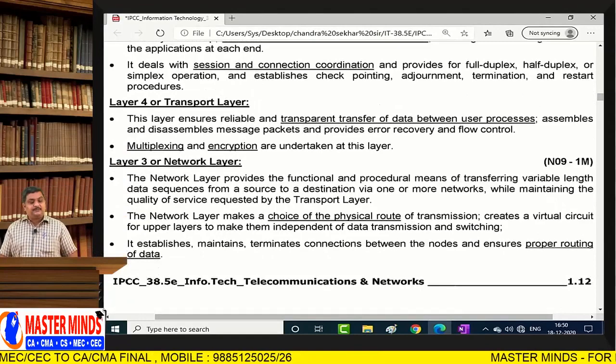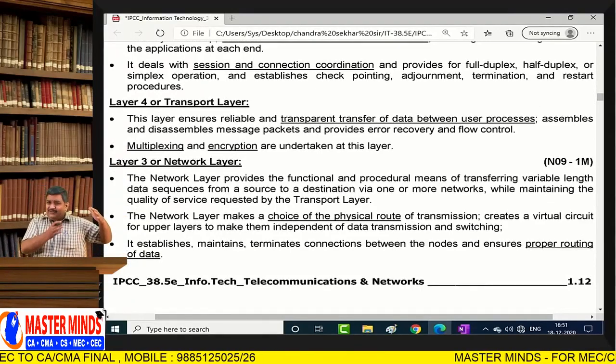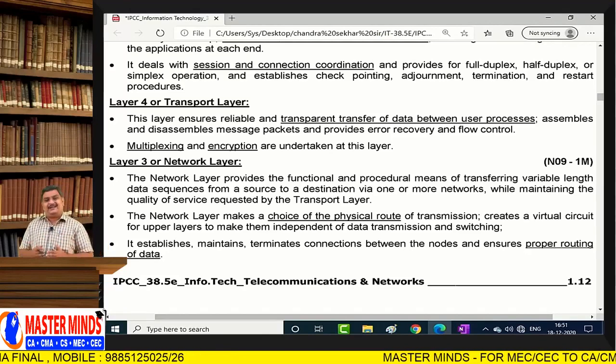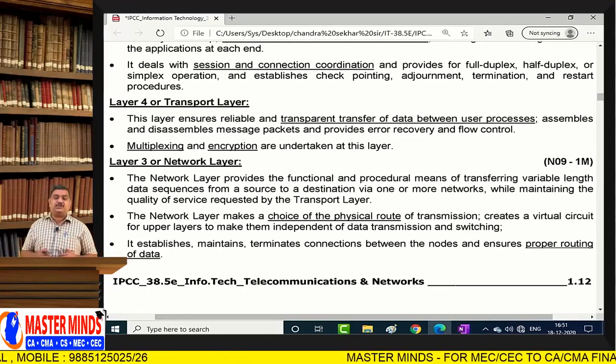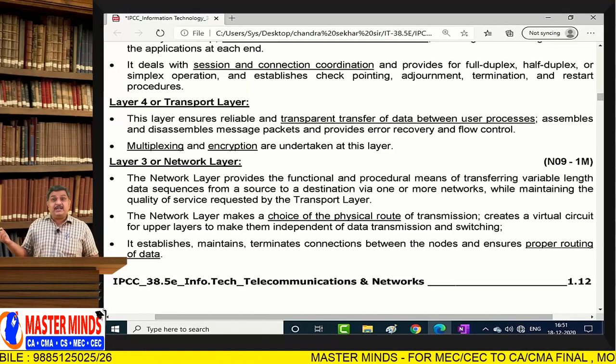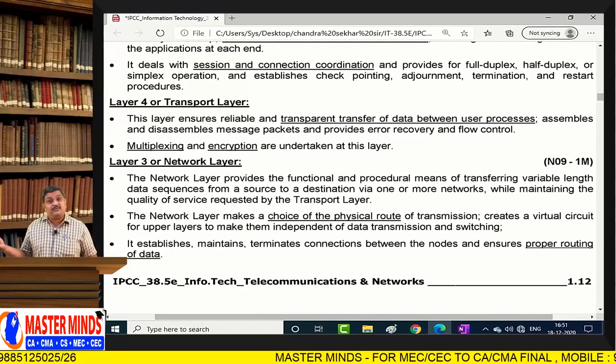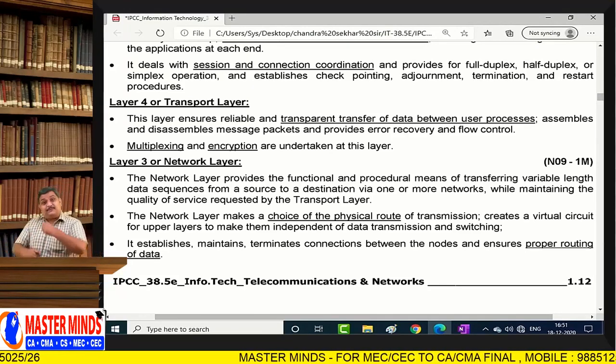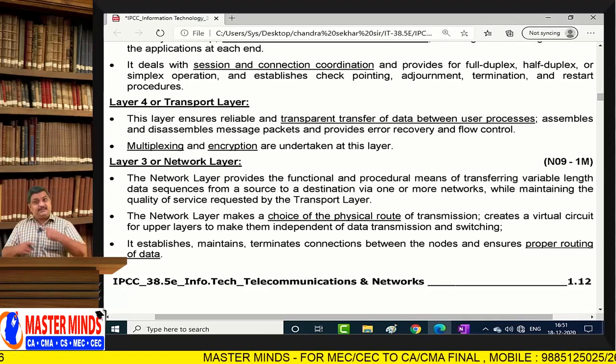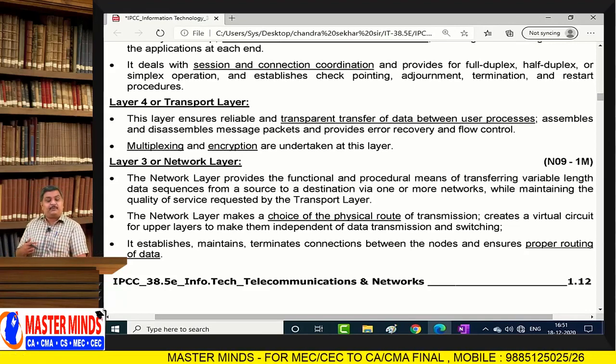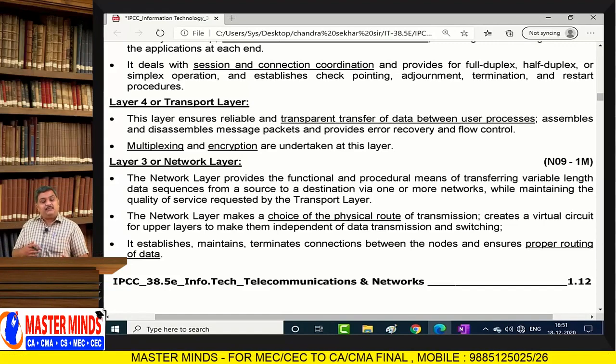Transport layer means what? I have to divide my message, hello, into different packets. So all this packet division work should be done. And you know, in networking, these hackers and all problems will be there. So for that, I need to encrypt the packets. Encryption is converting the packets into coded format. Okay.